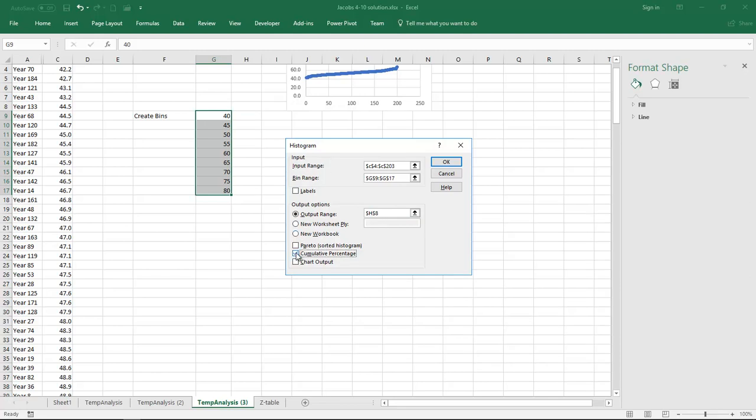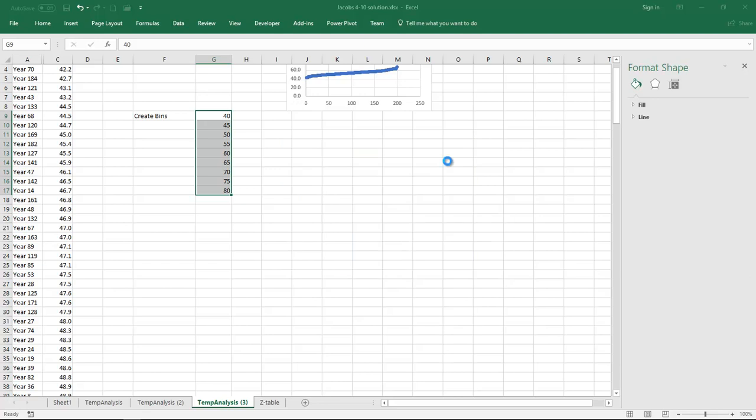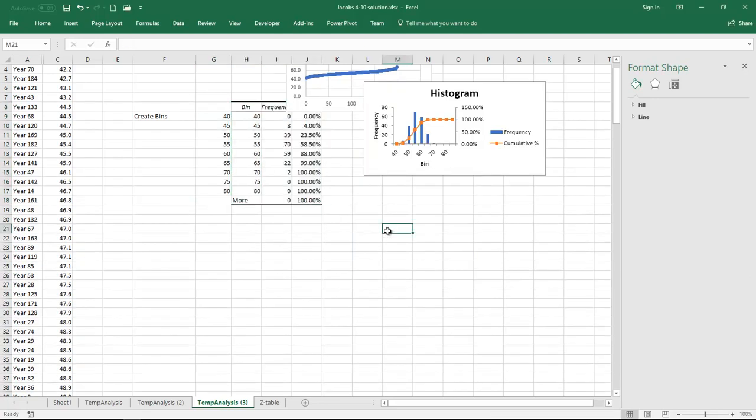And we'll do cumulative percentage. What we're going to do is show the total percentage across all the bins. And sure, let's get an image of that as a chart. Those are what all those options do. You don't have to know that, just track this.